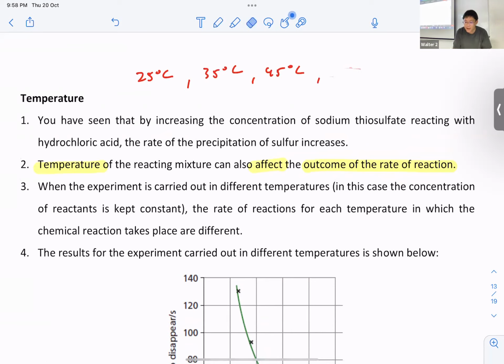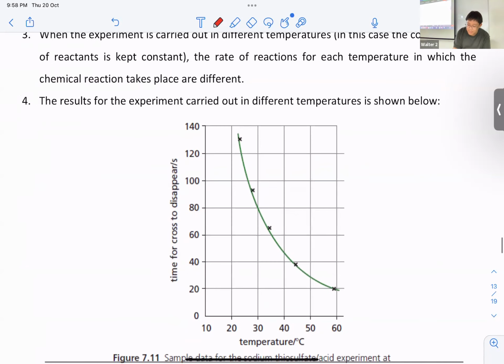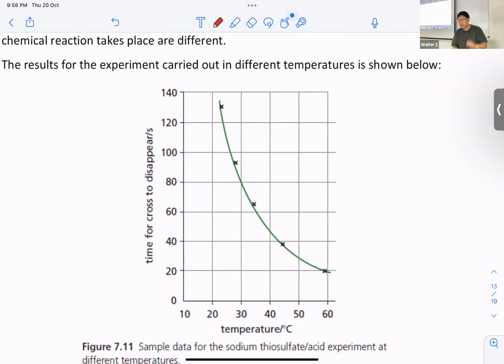For example, I keep on increasing temperature and see what happens each time. You realize that the more I increase the temperature, the higher the rate of reaction. So which means over here, when my temperature increases, the time taken for the X to disappear also decreases, which means the sulfur precipitate will form faster.